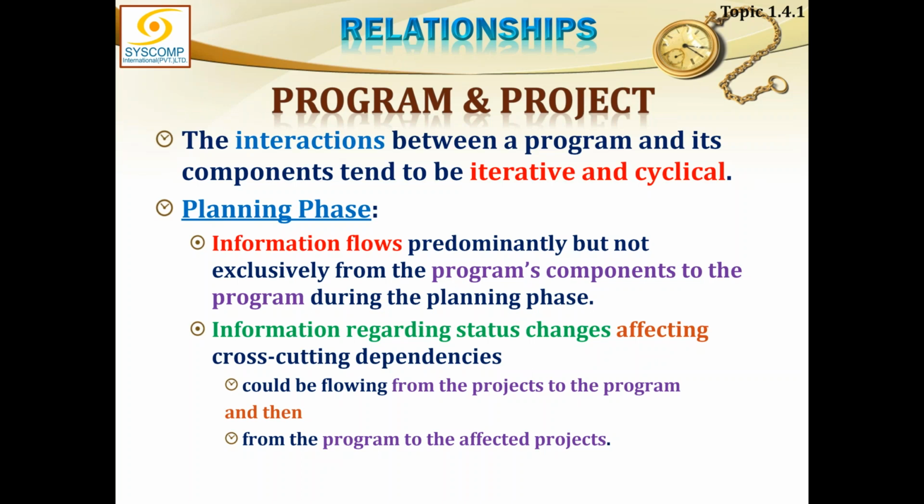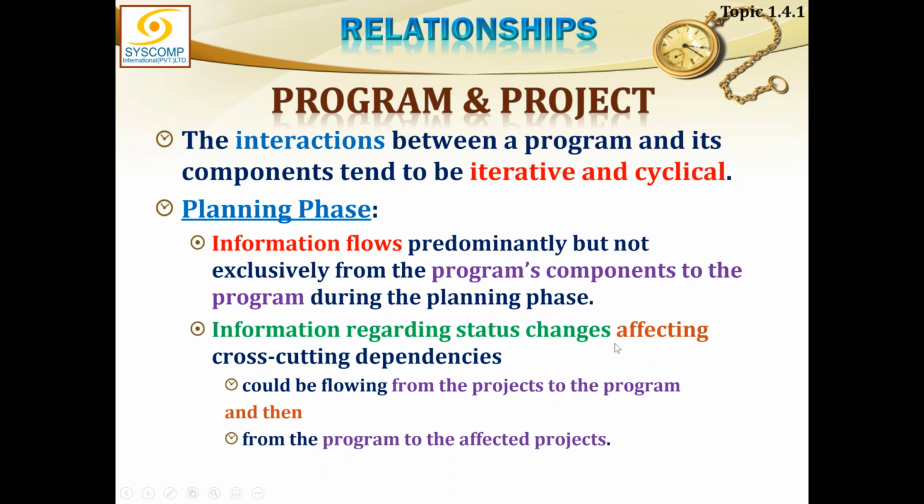But naturally, as a program manager, I would like the information flowing from the components upwards all the time, so that I can keep track of things. And to make your life much easier, I have already said that you should have a third party keeping an eye on how things are happening, and you can have audits conducted for each project.